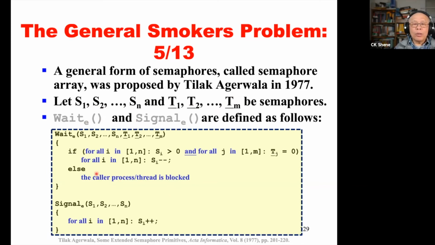When a process calls waitE with these two sets of semaphores, what waitE is going to do is, if every semaphore in the S set has a counter greater than 0, and all semaphores in the T set have a counter of 0, then every semaphore in the S set would have its counter reduced by 1 in return.